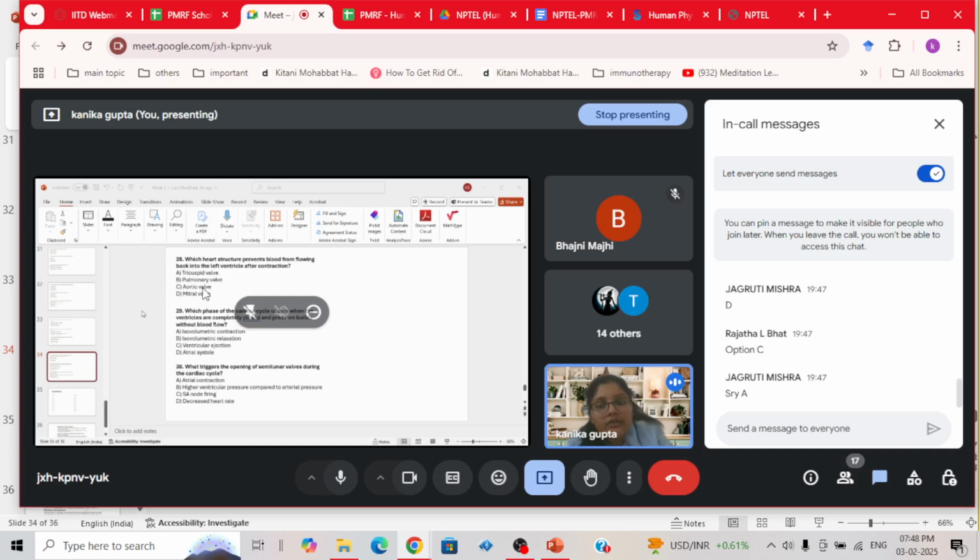Tricuspid valve or mitral valve? Both are the valves which are present at atrioventricular junction. But here the blood has entered the ventricle. After entering the blood into the ventricle, where will the blood go?